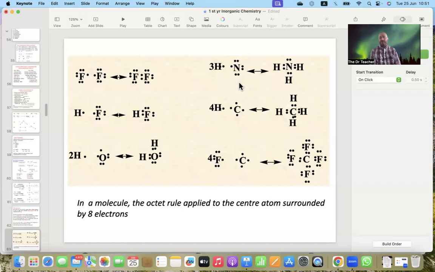NH3: the nitrogen has 5 valence electrons with 3 hydrogens. Each one brings 1 electron, so it becomes NH3. The nitrogen takes 1 electron from each hydrogen, so the nitrogen becomes 8, with 3 single bonds of 2 electrons each, and 1 left as a lone pair.